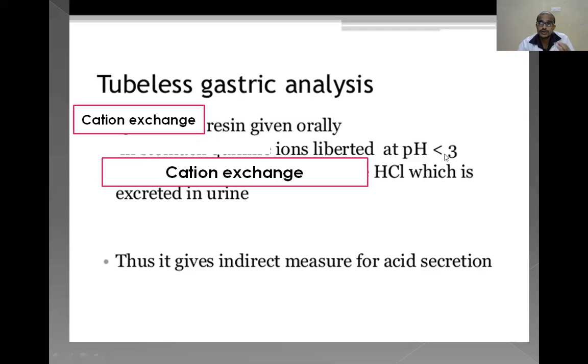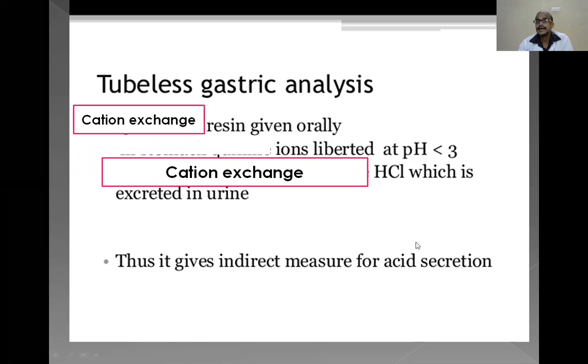The ions are released only in the stomach. The ions which are released from the cation exchange resin combine with the HCl, and these are excreted in the urine.